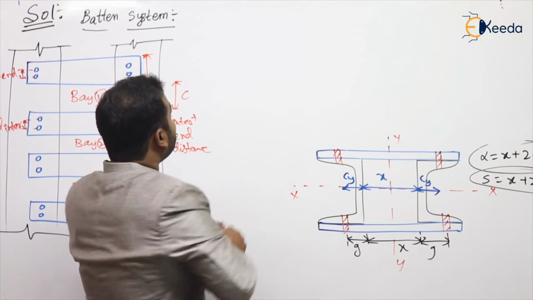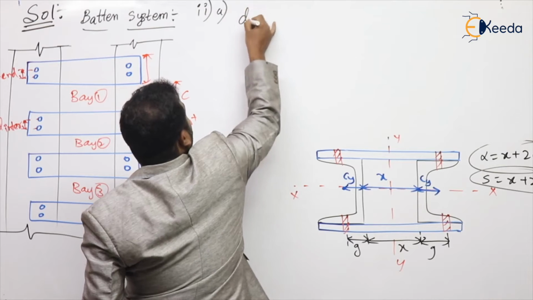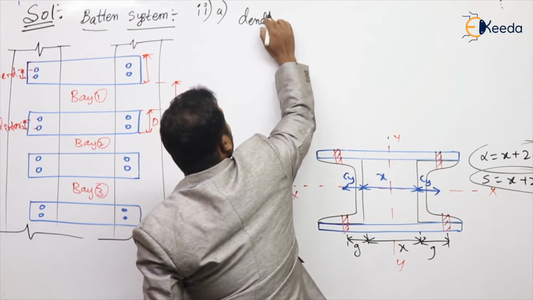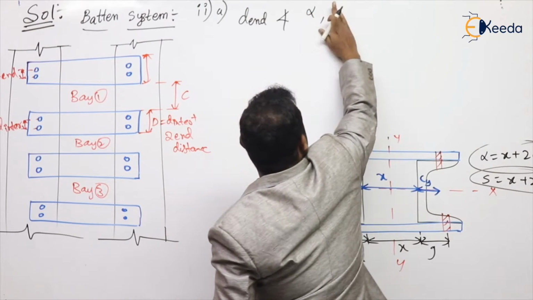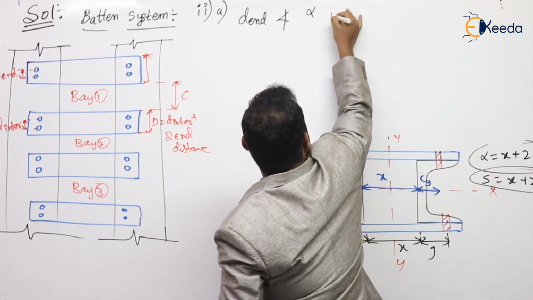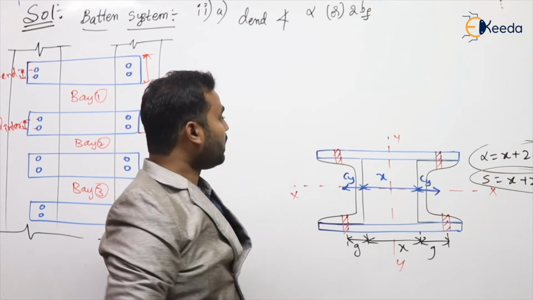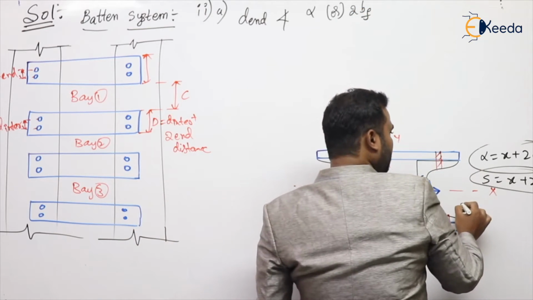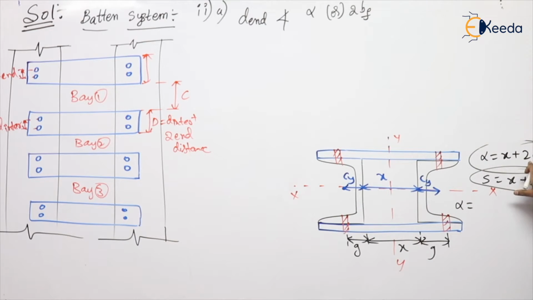Okay, so second one, first part. D end, the effective depth of end batten, should not be less than alpha or 2BF. So what is alpha here? Alpha is equal to X plus 2Cy.